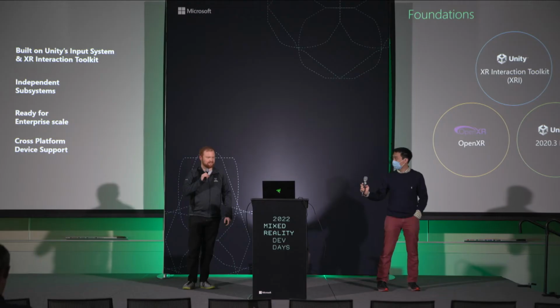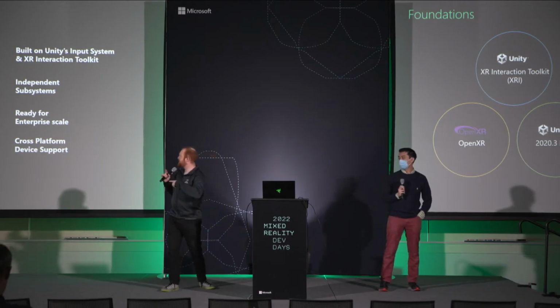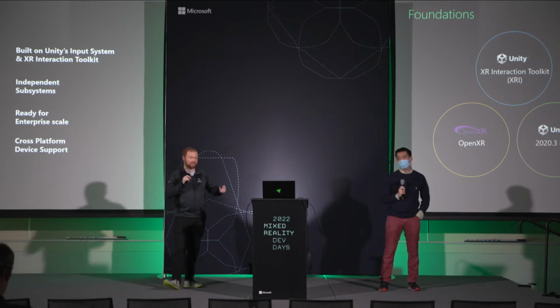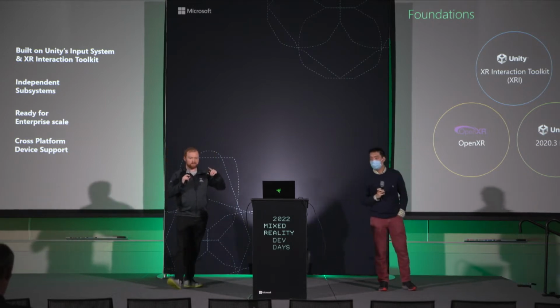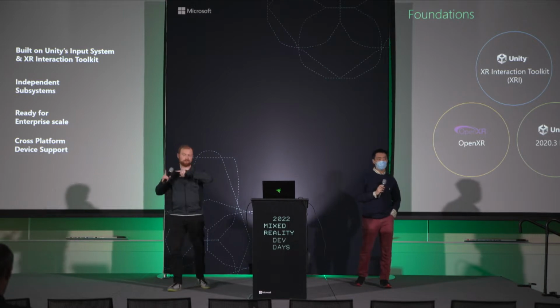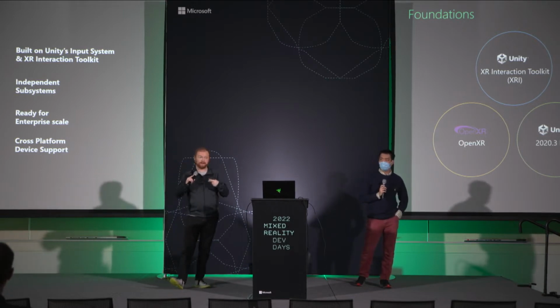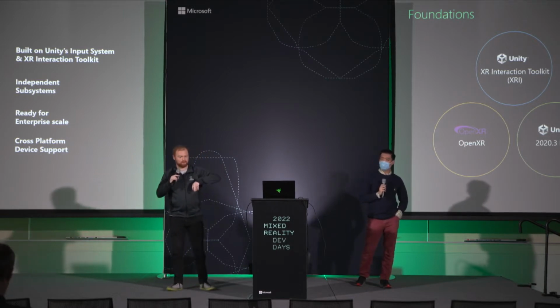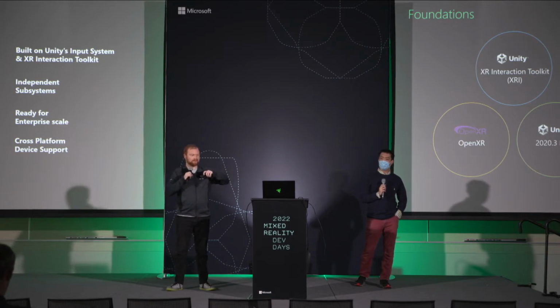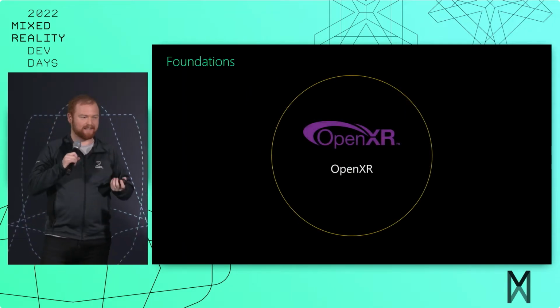You've probably seen this page a couple times so far over these couple of days, talking about the core foundational pieces that we chose to build MRTK3 on. In this talk, we're going to be really focusing on one piece of the puzzle, and that's OpenXR.